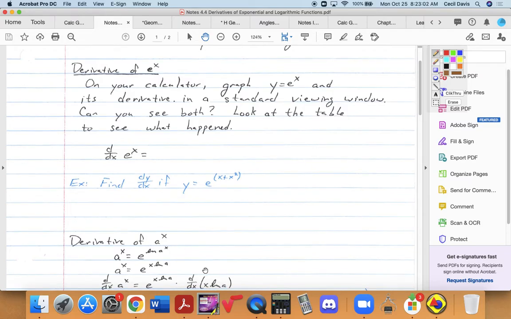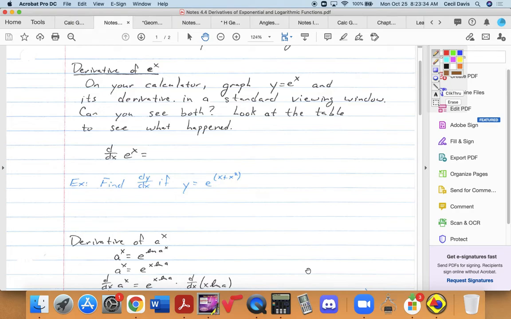All right. Then, take the derivative of both sides. So that would be the derivative with respect to x of a to the x is going to be e raised to the x natural log of a times the derivative with respect to x of x times natural log of a. Now remember, a is a constant. So natural log of a is also a constant. So when I take the derivative of x times natural log of a, what is that?